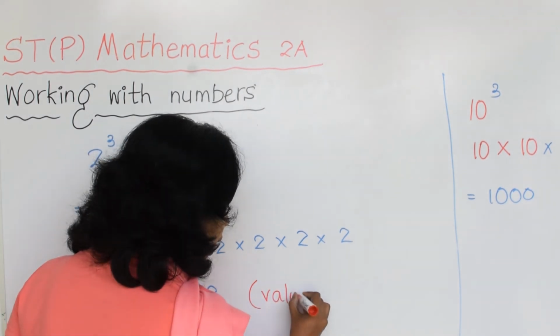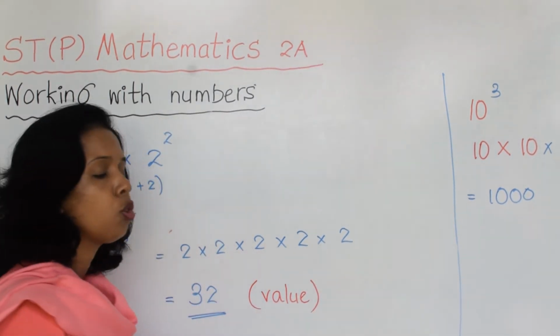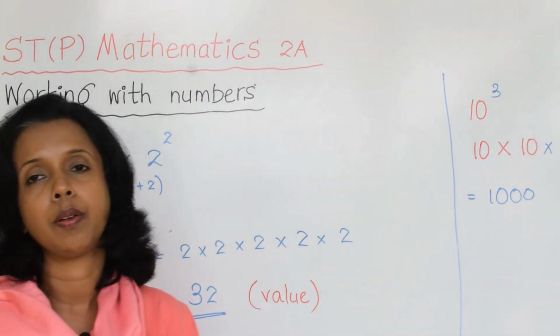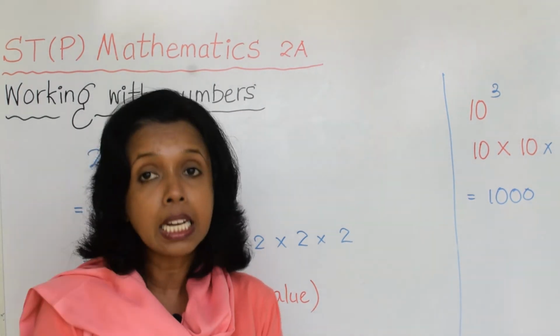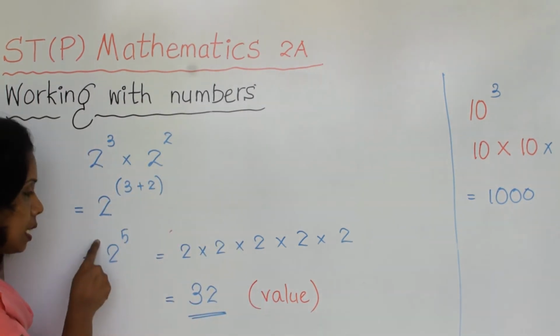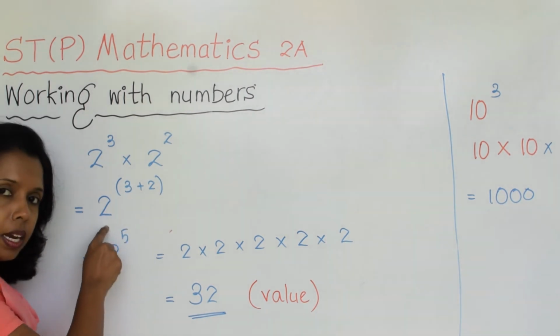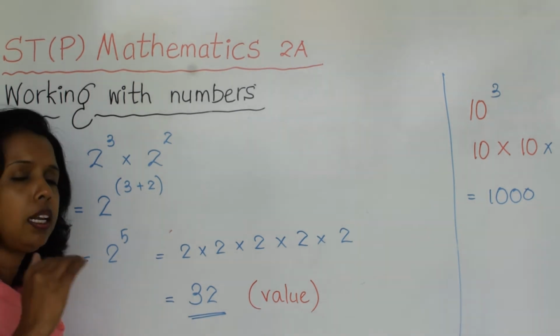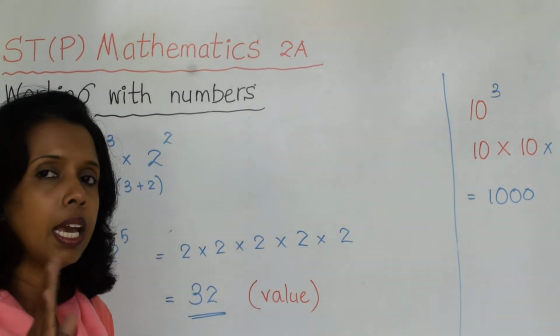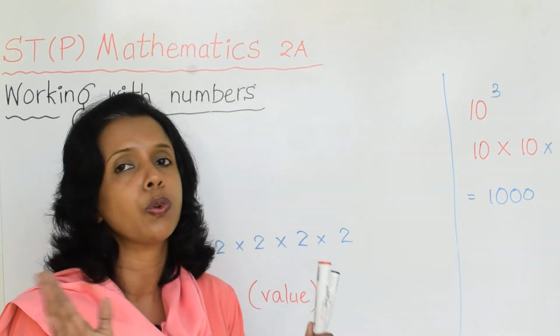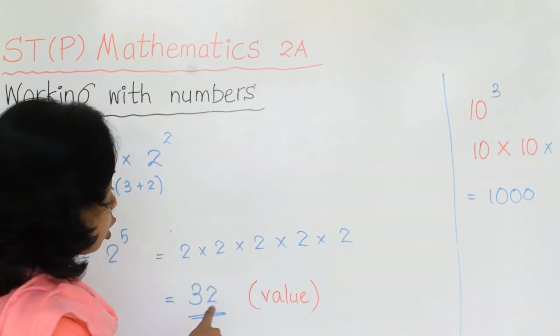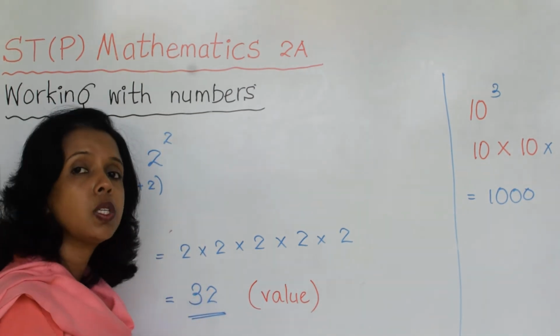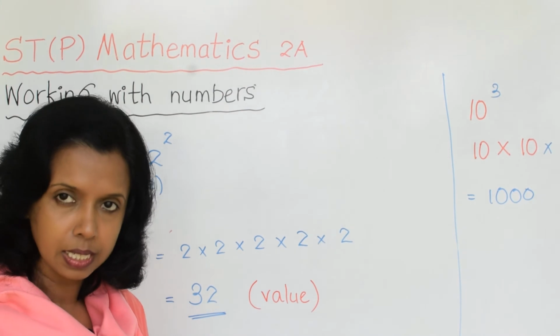So if they have asked you to find the answer, or to find the value in index form, this is the answer, in index form. If they ask you to find the value only, and they have not mentioned whether it is in index form or not, then it's better to go for this step, because they are asking for the value. Understand?